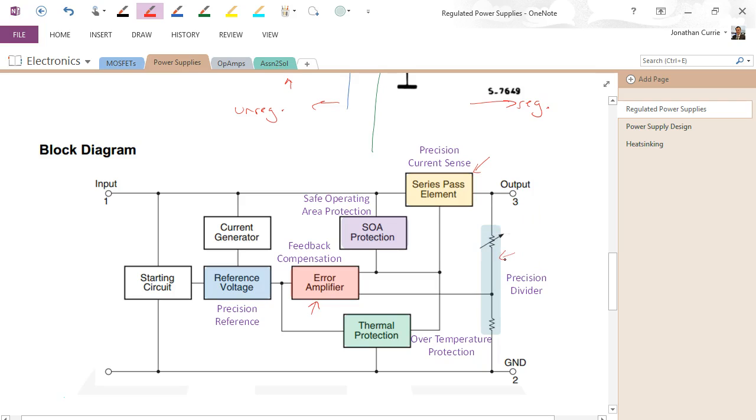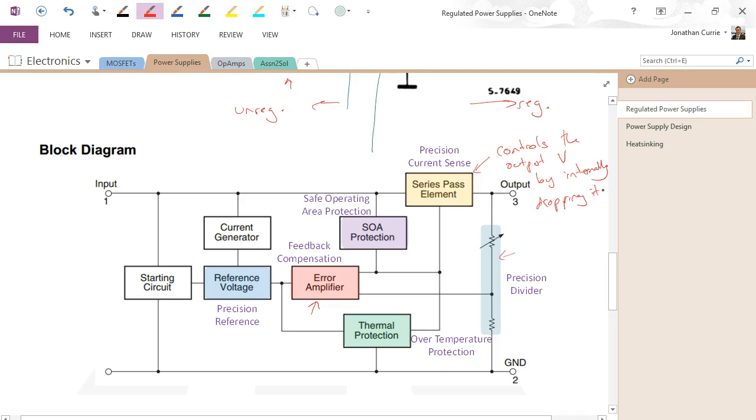So we've got some major components in here, which actually is a little mini control system. And so what happens is that this series pass element controls the output voltage by internally dropping it.